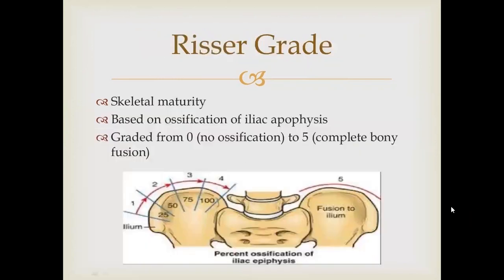The Risser grade is used to see the skeletal maturity based on the ossification of the iliac apophysis, graded from 0, non-ossification, to 5, completely bony fusion.